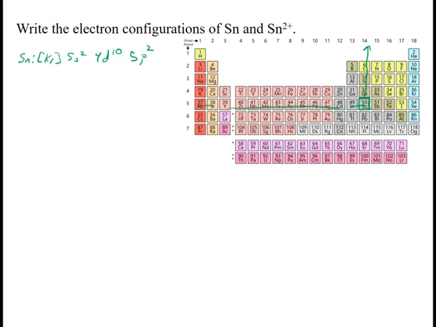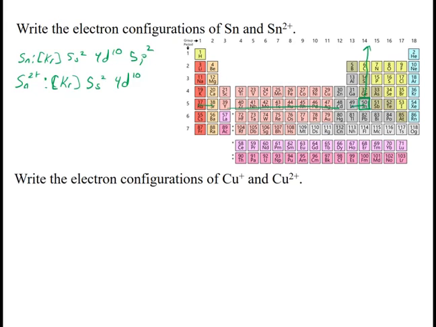And so it wants to know what it becomes with the Sn2+. So Sn2+ is still going to have krypton. And so basically I'm looking at this one and which two did it lose? It's going to lose these 5p. So it's going to be 5s2, 4d10. And that's the Sn2+.